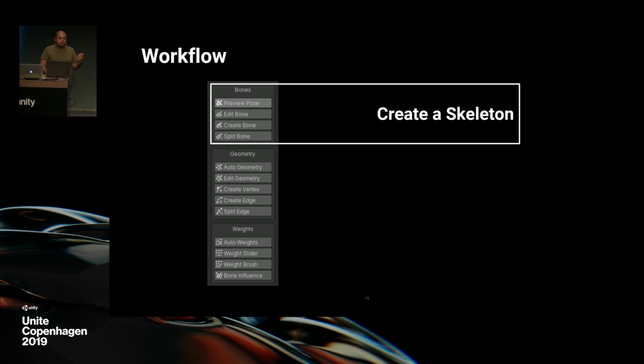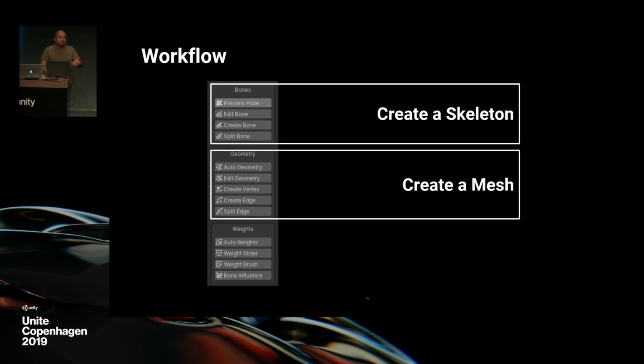The next step is we need to create a mesh. We need to create geometry. By the end of the day, most of the things that we see in Unity are meshes, right? They are just collections of vertices connected together, creating triangles. So in this case, even if we're using a 2D approach, what we're rendering at the end of the day is a mesh. And this is also important because if we have more vertices, if our mesh is more complex, we will be able to have certain types of animations.